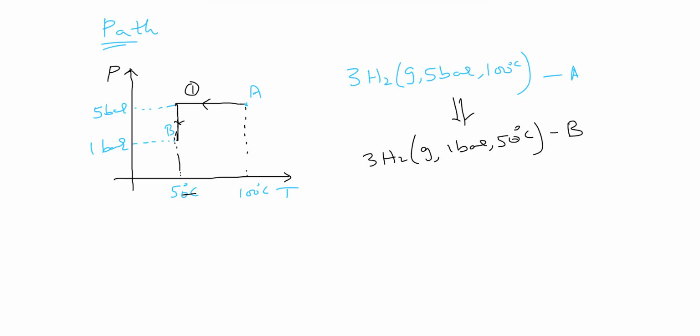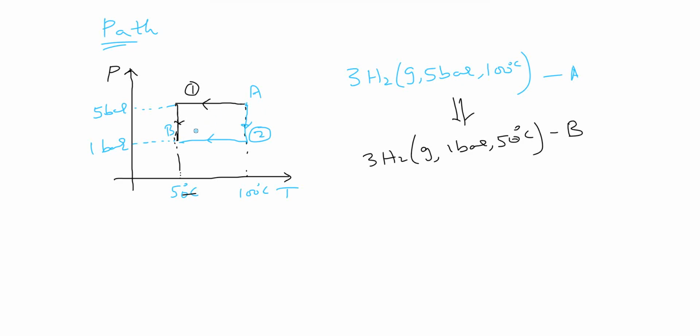Or we can take another path, that is, initially keeping temperature constant at 100 degrees Celsius and reducing the pressure to 1 bar, and then keeping the pressure constant at 1 bar and decreasing the temperature. So this is another path. So we have two different paths.